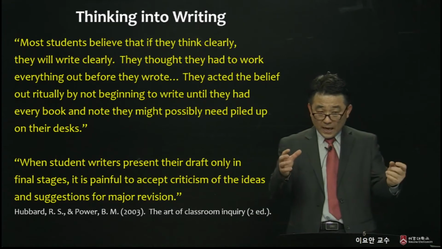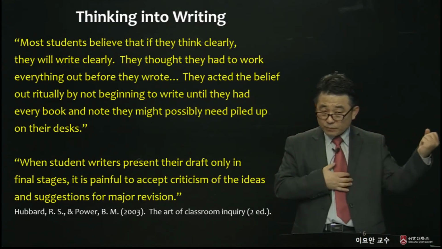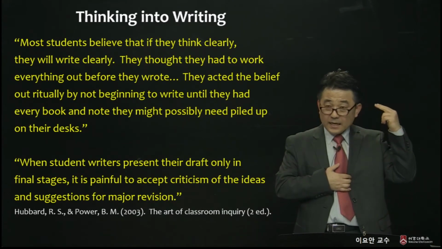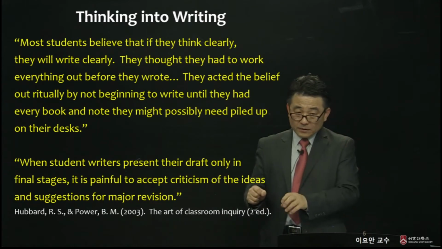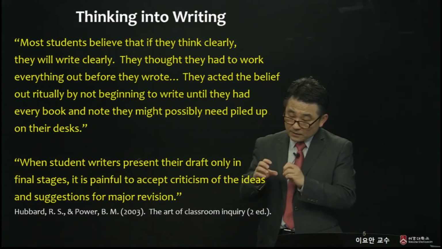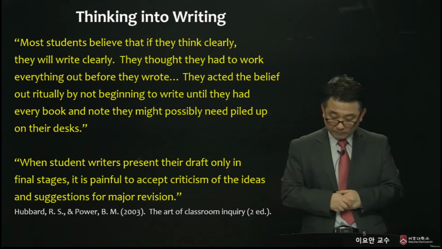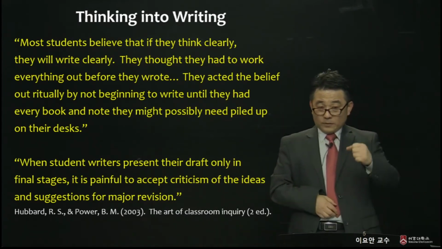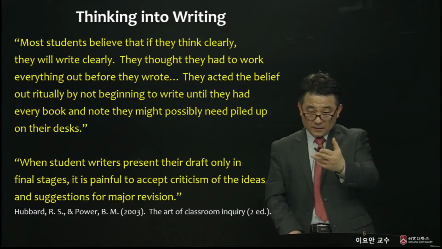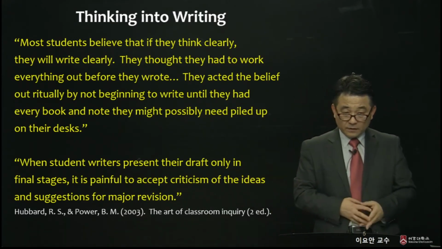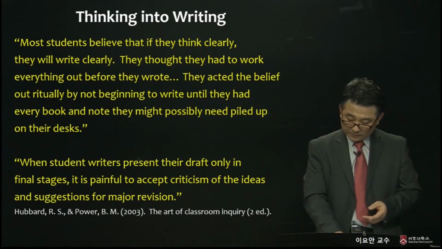You pull everything, you learn everything, you gather all the information and try to put it in your head. And then once you have everything in your brain, you put it out on your draft. And that's, generally speaking, the draft that you submit to your teacher. So then you get some criticisms about the paper, and then the second passage talks about how difficult it is to accept criticism based on that kind of draft.